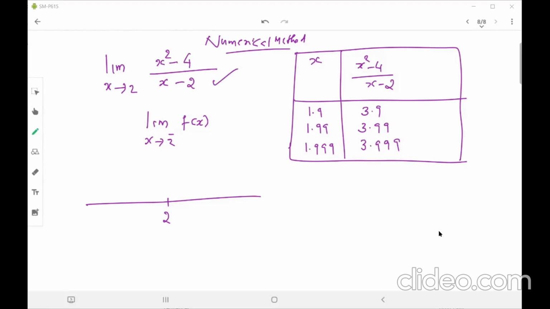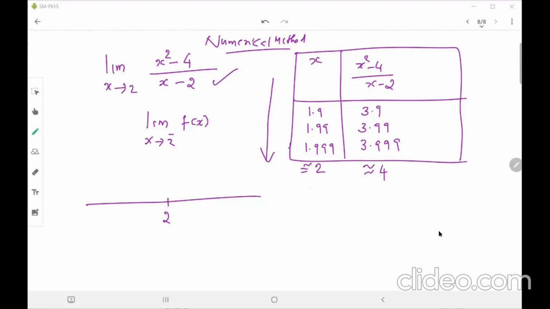I put 1.9 and numerically I calculated this from the calculator. I got 3.9. 1.99, 3.99. 1.999, 3.999. So what we observe, when x is 1.99, it is approximately equal to 2, and 3.99 is approximately equal to 4.